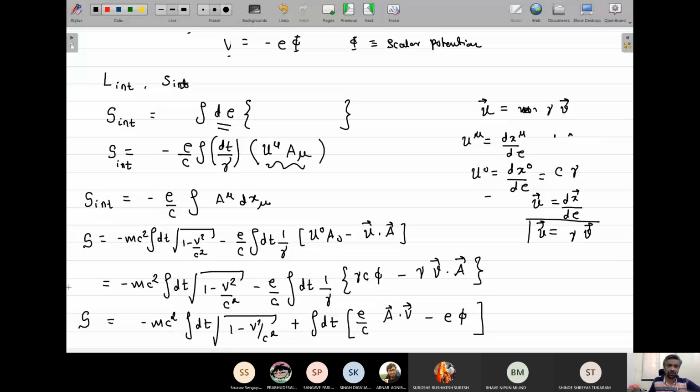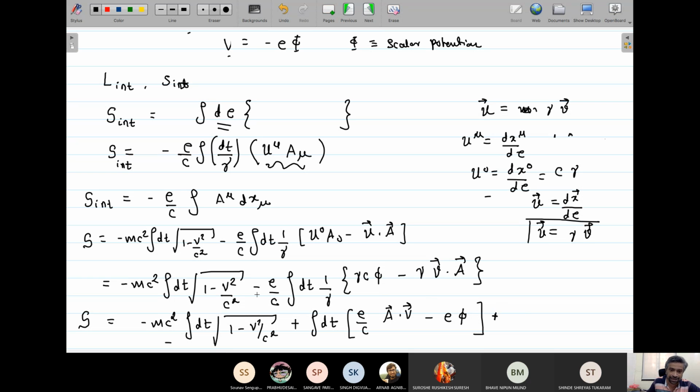Is this clear? Okay, so I have written the full action. The full action contains the action for a free relativistic particle plus the interaction of that relativistic particle with the electromagnetic field. Note that in this action there is no part which tells me the dynamics of the electromagnetic field.